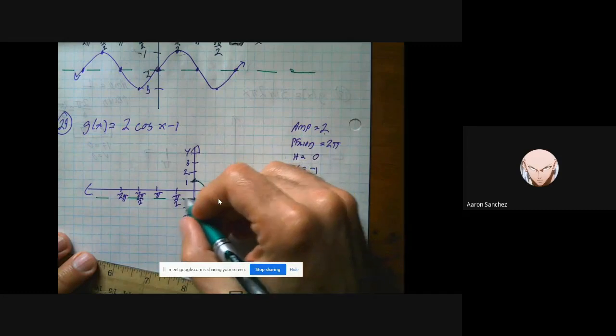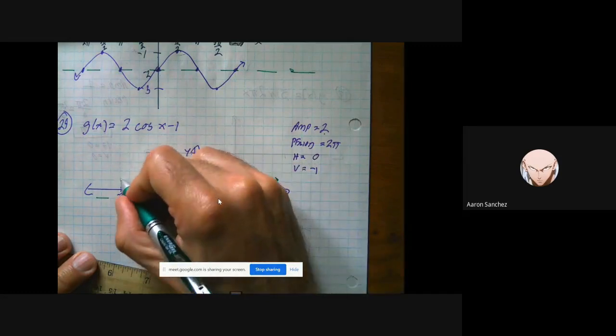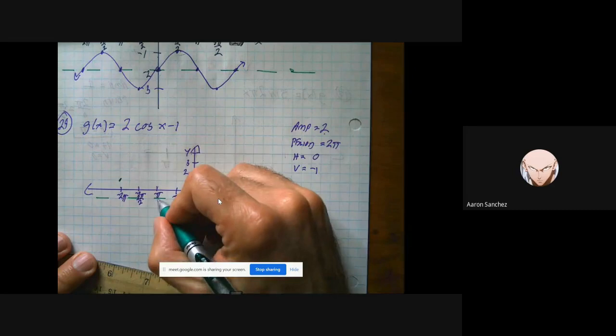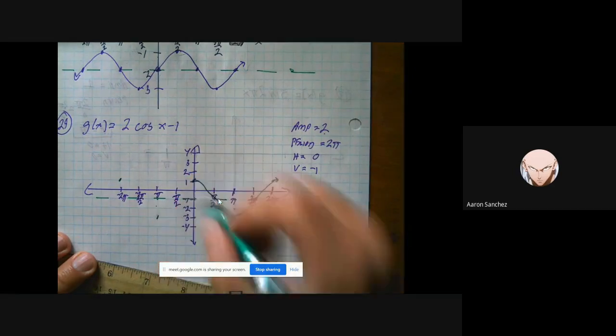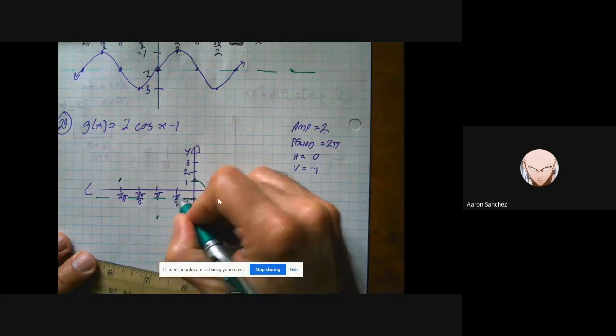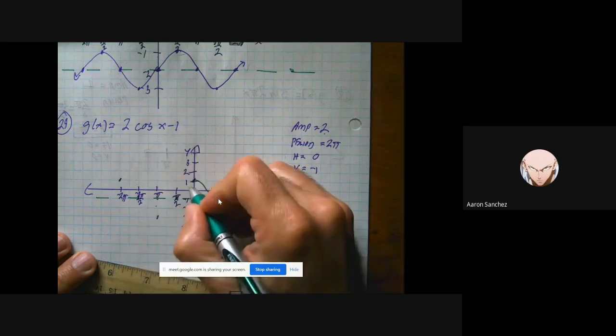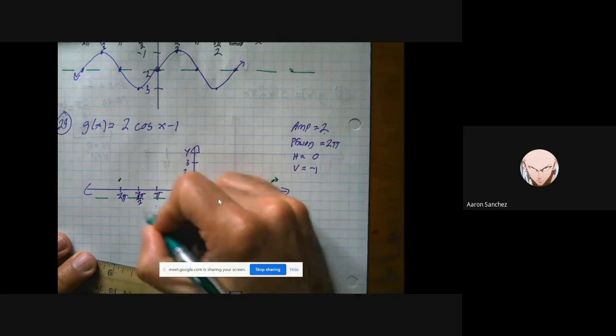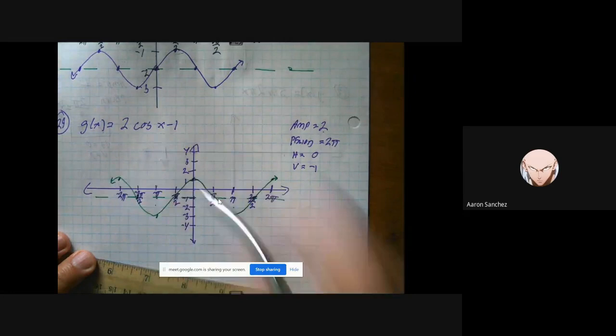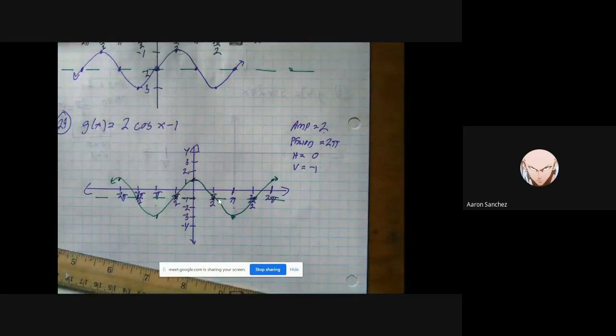My second point is at the top, 2 above. And my midpoint is 2 below, right? And then everything in between is my 0. 0 and 0. There's your cosine. g of x equals 2 cosine x minus 1.